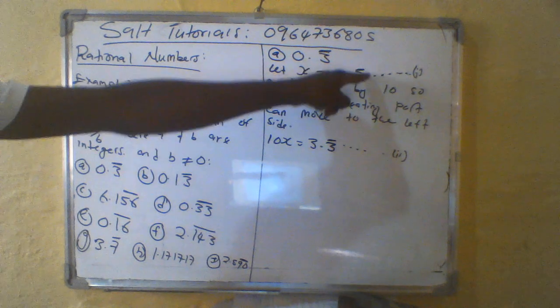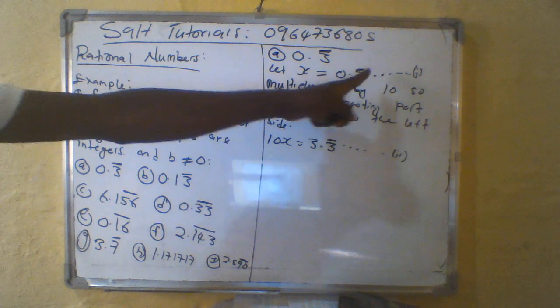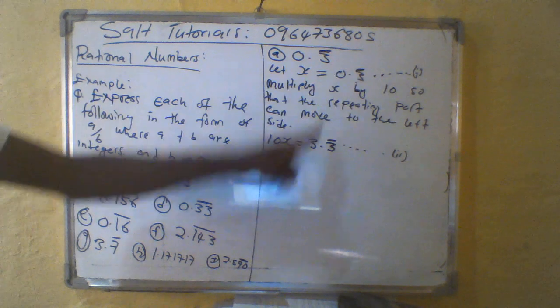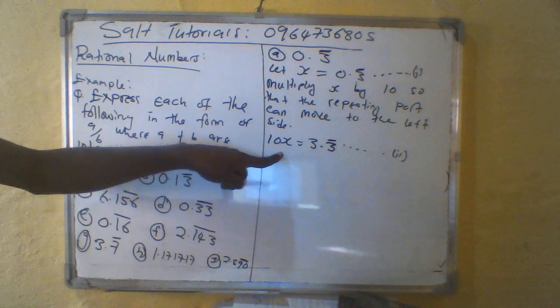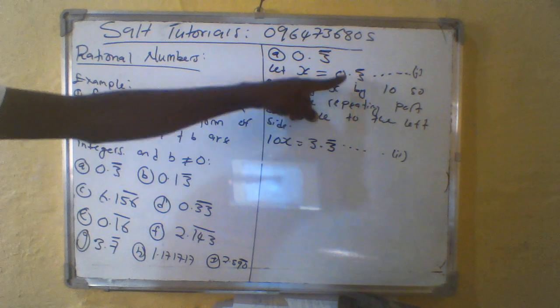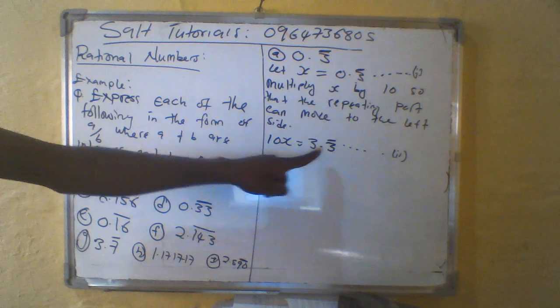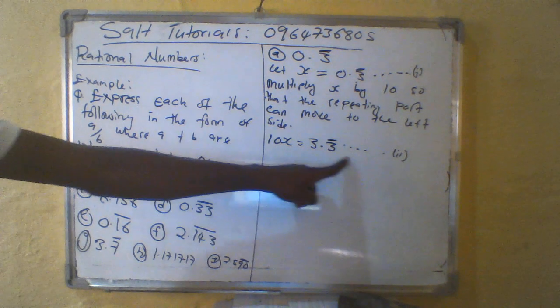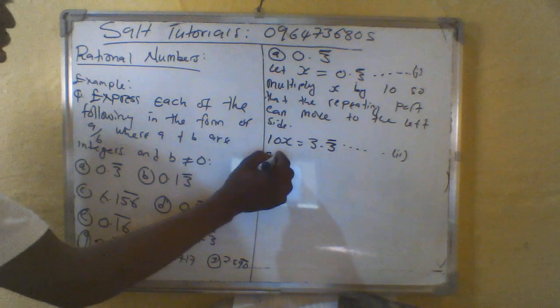The only way they cancel is to multiply by a certain value so that a repeating part moves to the left, like this. The 3 has moved to the left by multiplying x by 10. So I have the first equation and the second equation. In the first equation, after the decimal I have 3 repeating. In the second equation, again after the decimal I have a 3 repeating. So that we can now subtract.